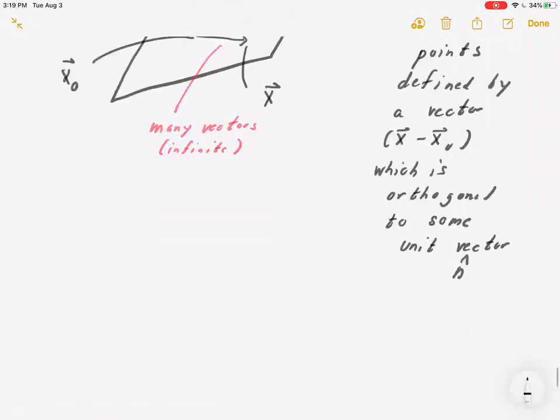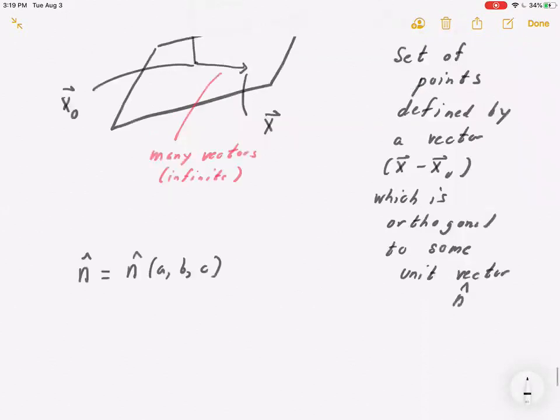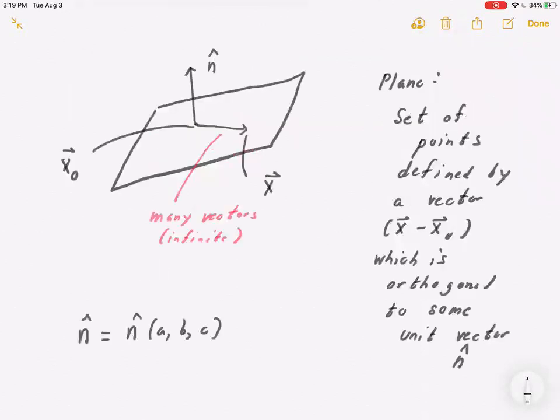So let's put some meat on the bones of this. What's n hat? Well, it's a unit vector, and it's going to depend upon three components, a, b, and c. So I'm doing this problem in 3 dimensions. I'm used to thinking perhaps of planes just existing in 2 dimensions. Well, I can have a plane in 3 dimensions also.